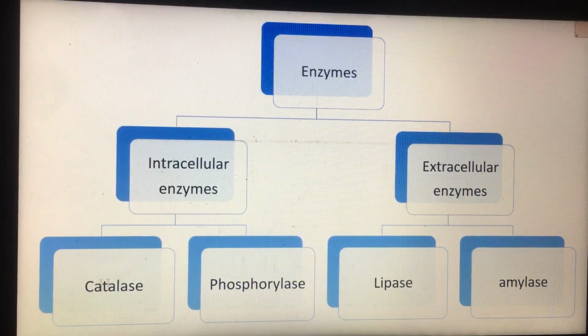Let's go to extracellular enzymes. Actually, we have two examples here. The first one, lipase, and the second one, amylase.